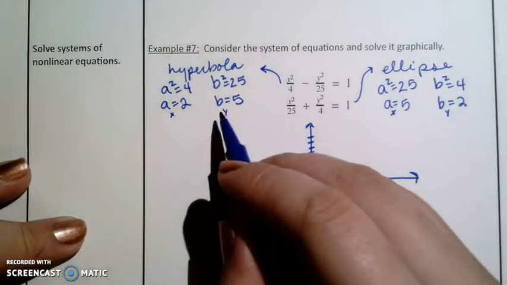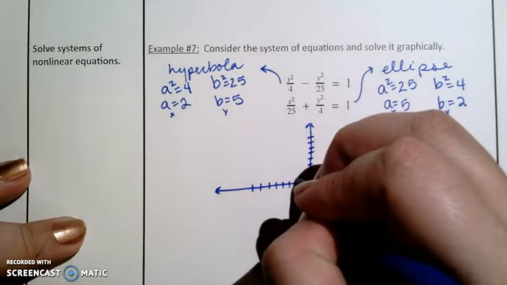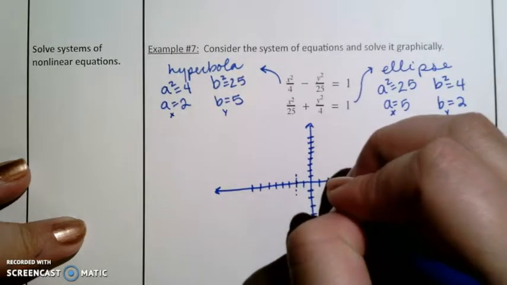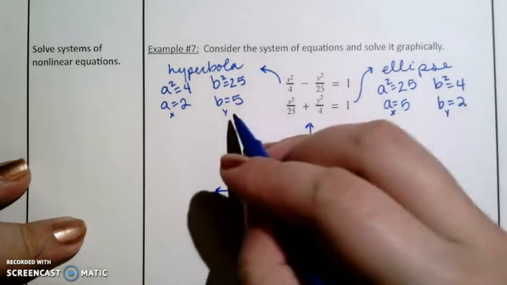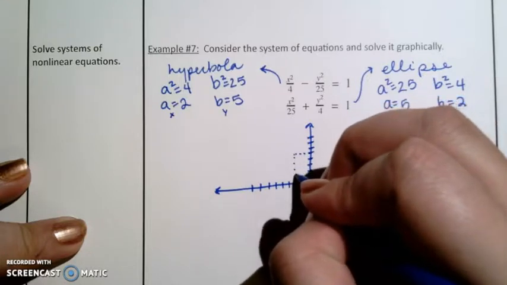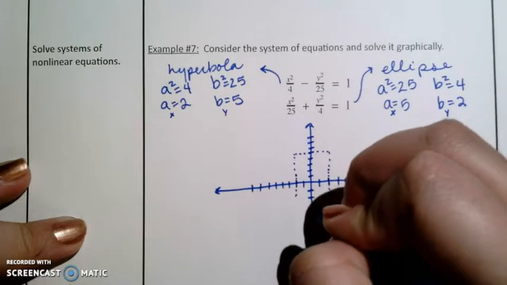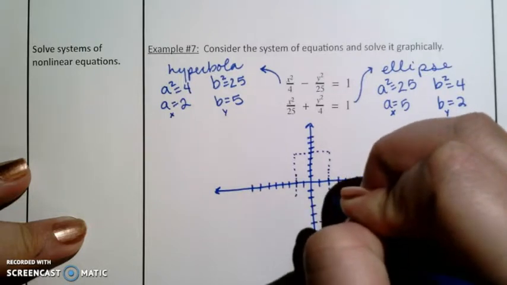All right, I'll start with the hyperbola. In the x direction, I go 2. I'm drawing my little box. In the y direction, I'm going 5. And then I will sketch in my asymptotes.